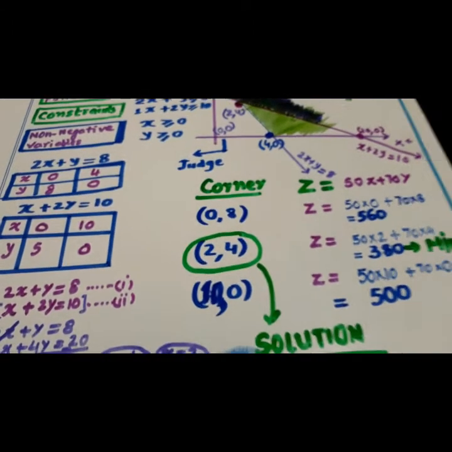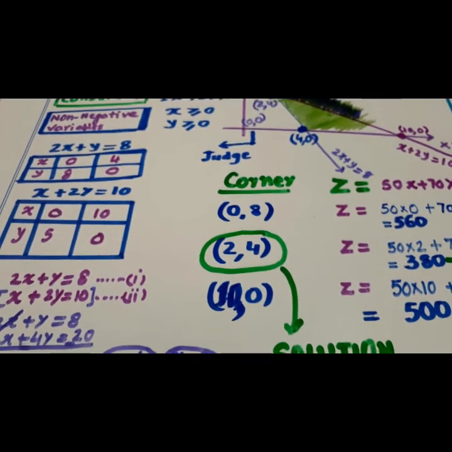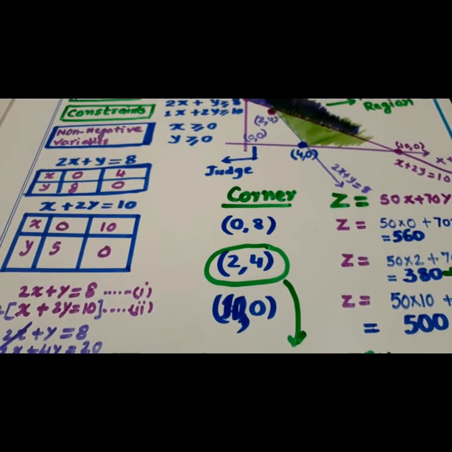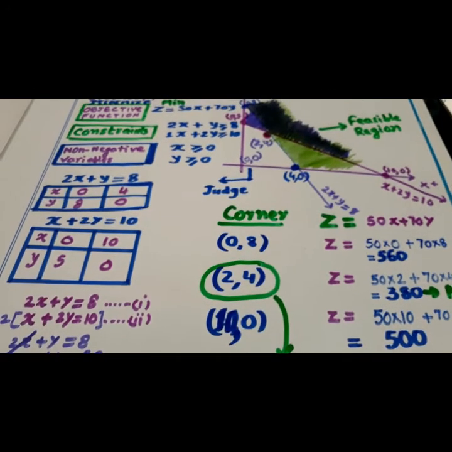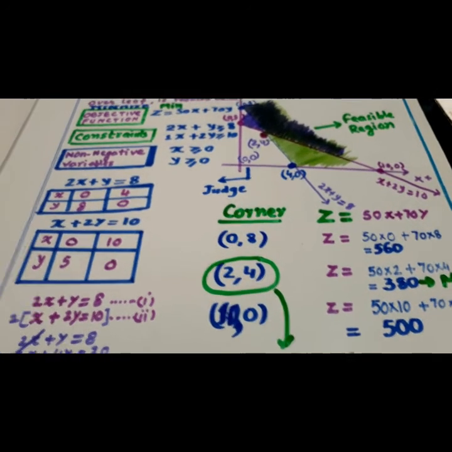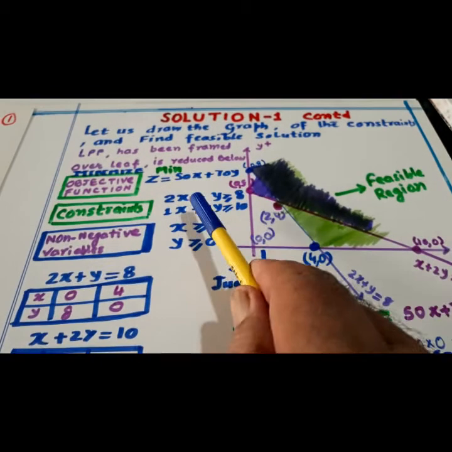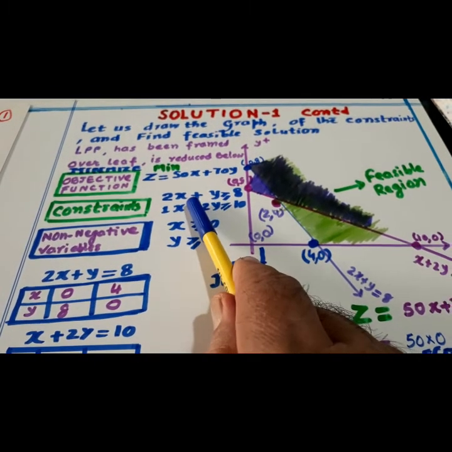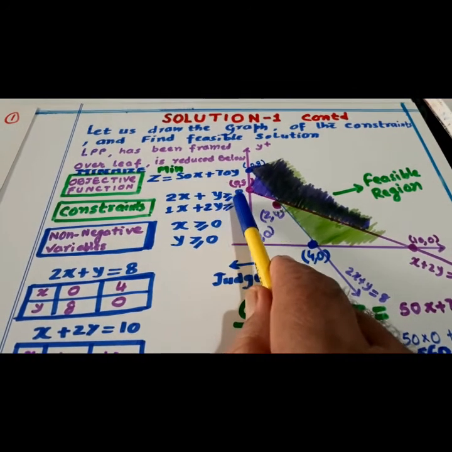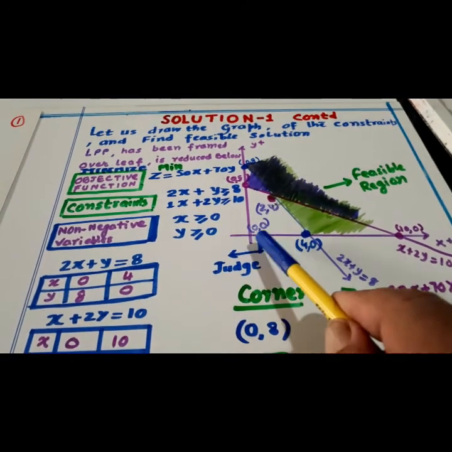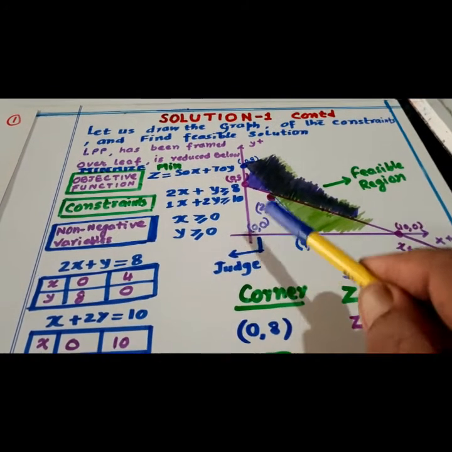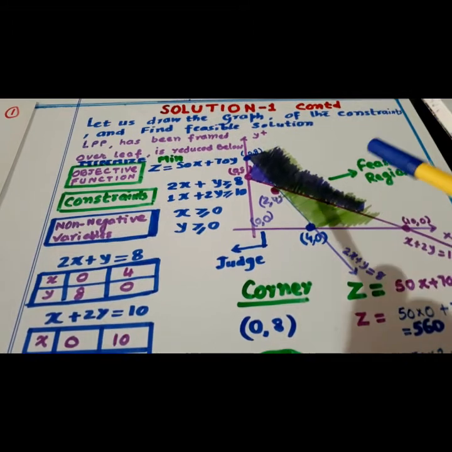So this is how you have to draw the graph by using the constraints as lines, and you have to take 0, 0 as the judge. Supposing we put 0, 0 here, 0 plus 0 is greater than 8, this is wrong. So this judge is not giving the right judgment, so you have to take the other side.